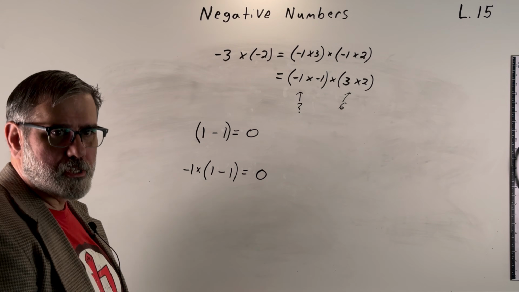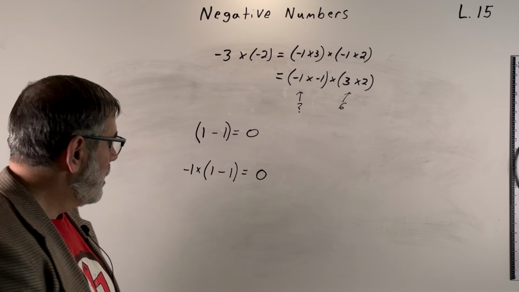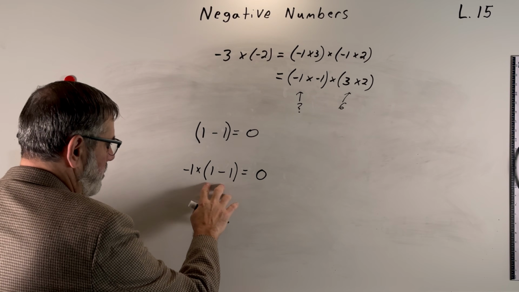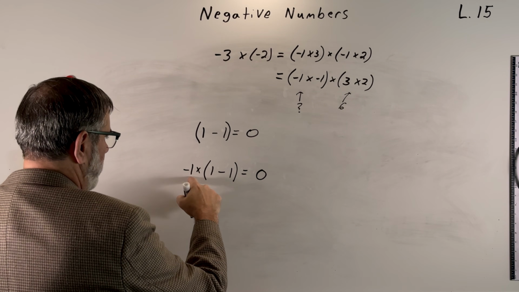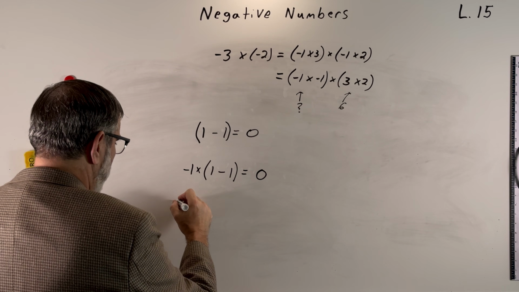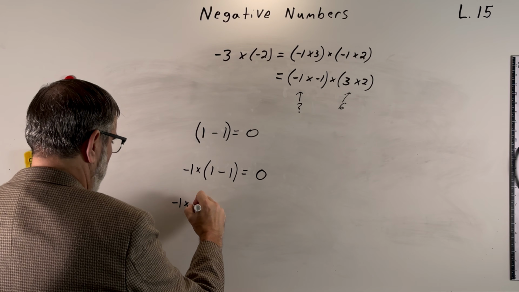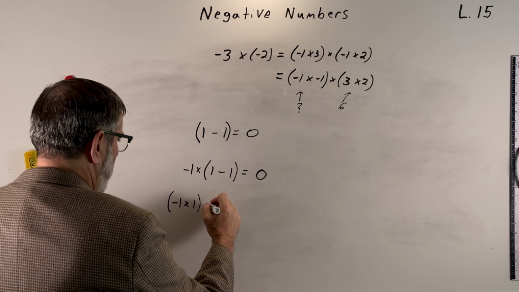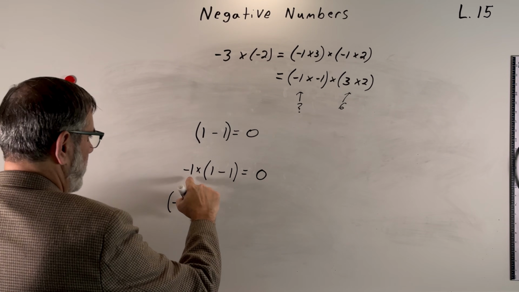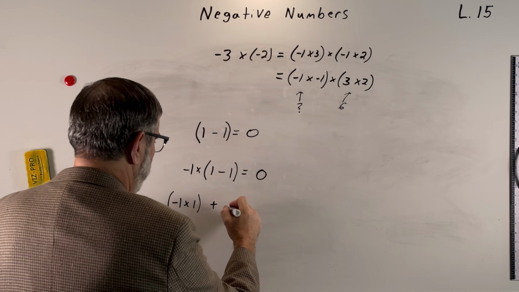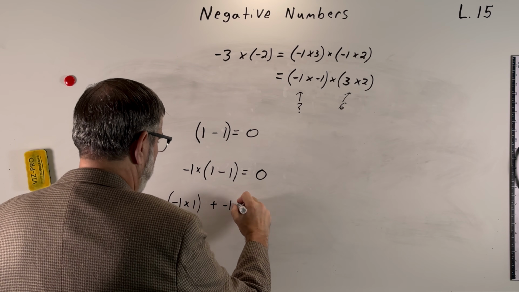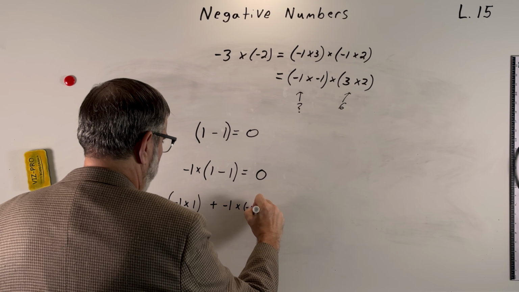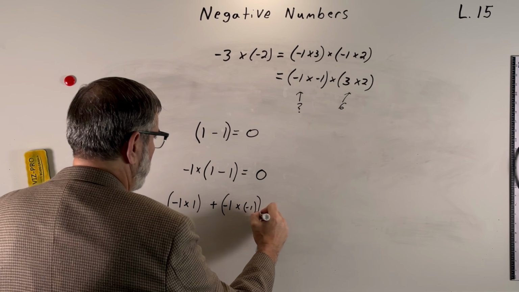Now I'm going to use the distributive property, which I just showed you, to carry out this multiplication on this binomial term here. So I'll first multiply minus 1 times this positive 1, minus 1 times 1. And then I'm going to take minus 1 times minus 1, and I'm going to put that in parentheses too.